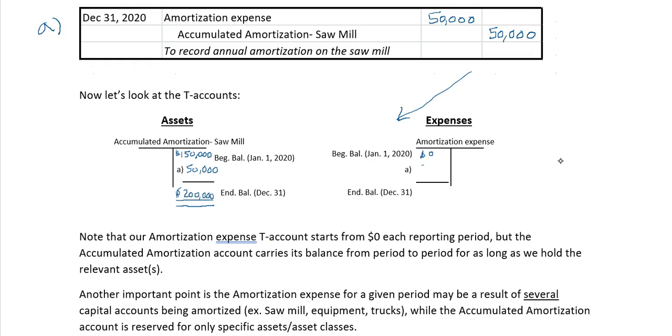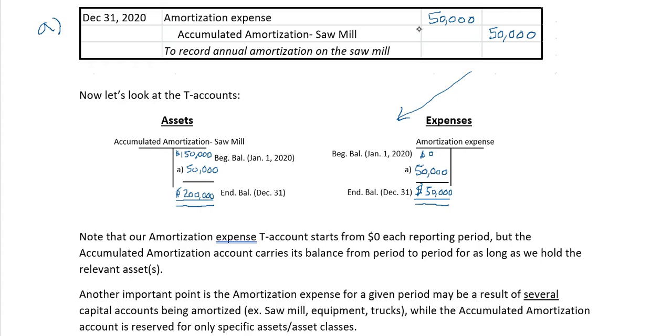So we're just going to have this as $50,000 debit coming from up here. Naturally we would have our trucks and equipment also as amortization expense, but we're going to ignore that for now and just assume this is the only asset we're amortizing.